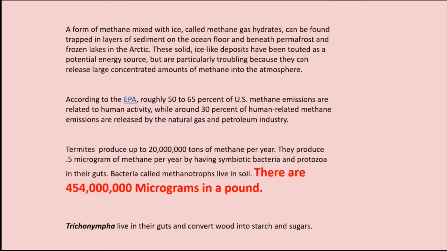Okay. Anyway, so a form of methane mixed with ice is called methane gas hydrates. They can be found trapped in layers of sediment on the ocean floor and beneath permafrost. This is another issue we got to worry about. Permafrost is mainly found in the tundra region, and this is the soil that's frozen because it's very cold there, okay?